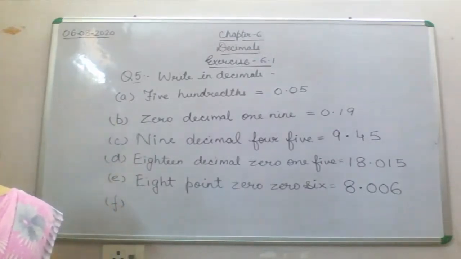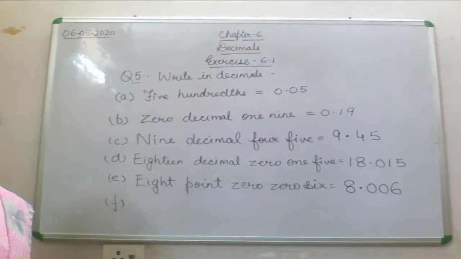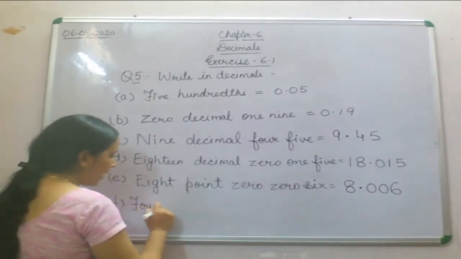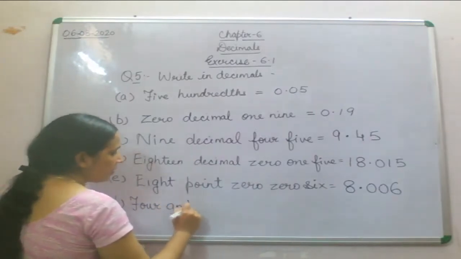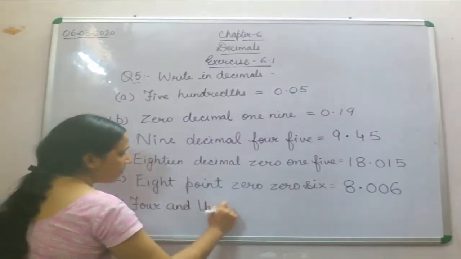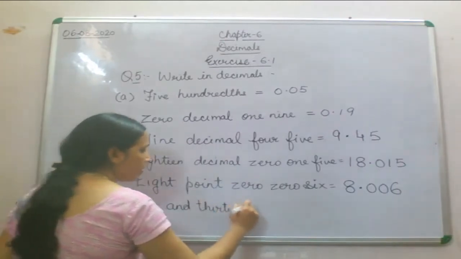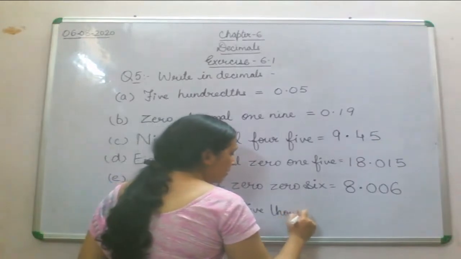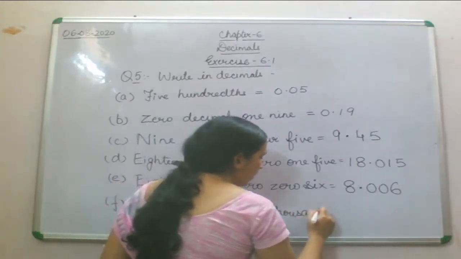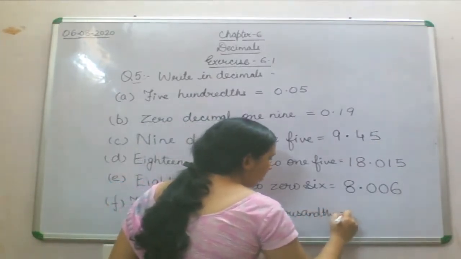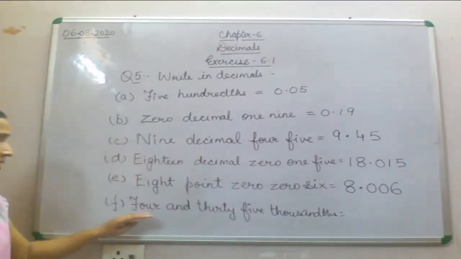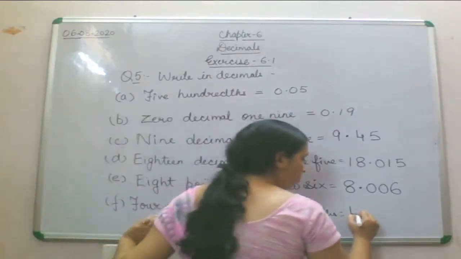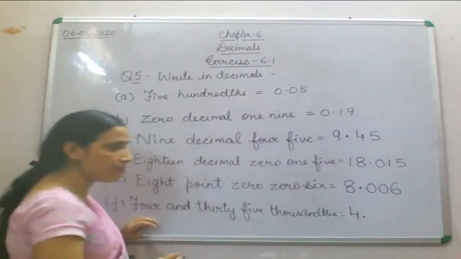Now F part is 4 and 35,000. It is a little bit tricky. Understand this question carefully. 4 means the whole number part is 4, so we will write 4. After that we will have the decimal point.